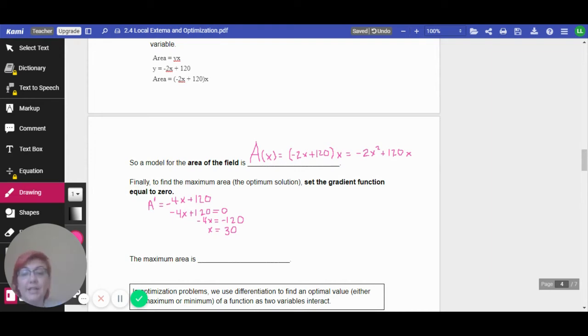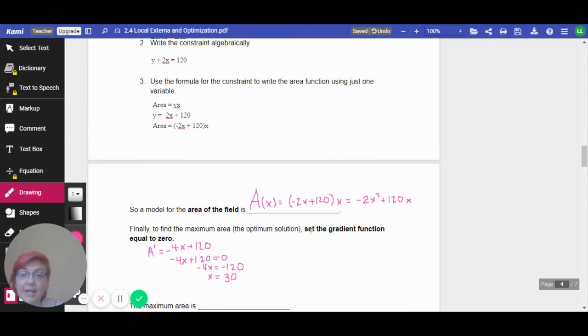To find then the maximum area, I am going to plug in x to my area function here.